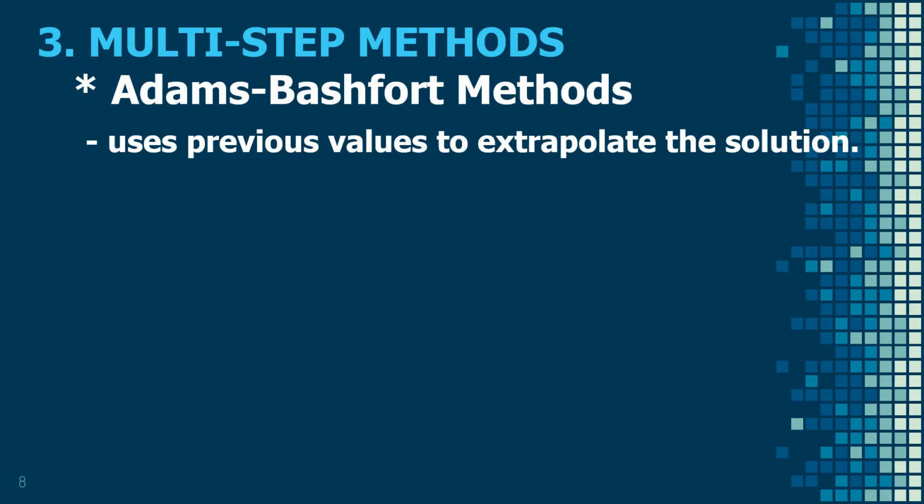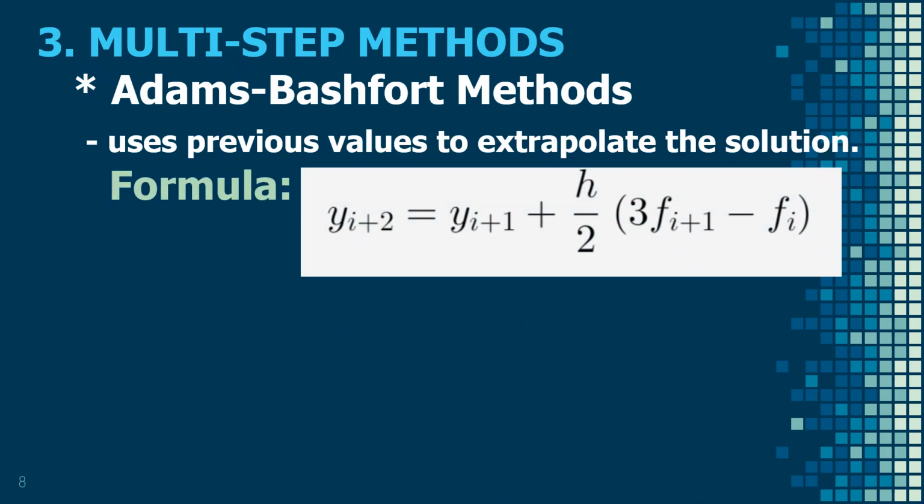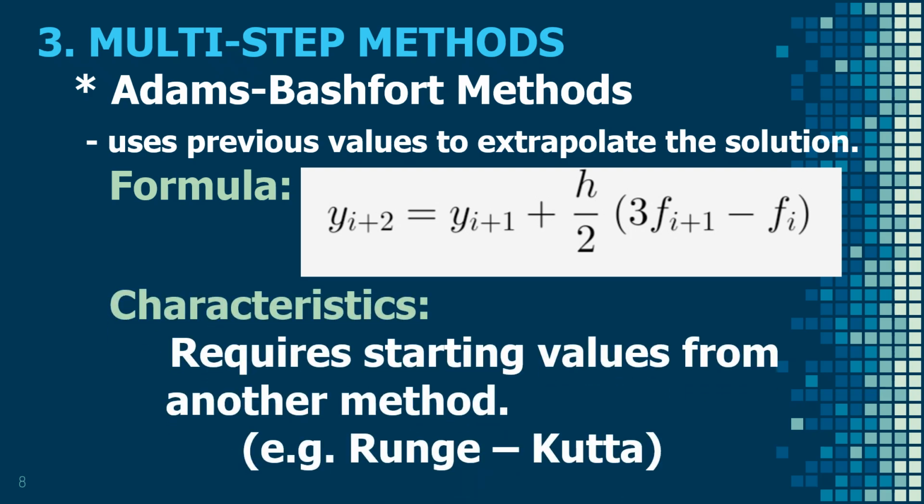And this method uses previous values to extrapolate the solution. So the formula being used on Adams-Bashforth methods is this given formula. And of course, its characteristic is that it requires starting values from another method. Let's take, for example, the Runge-Kutta.